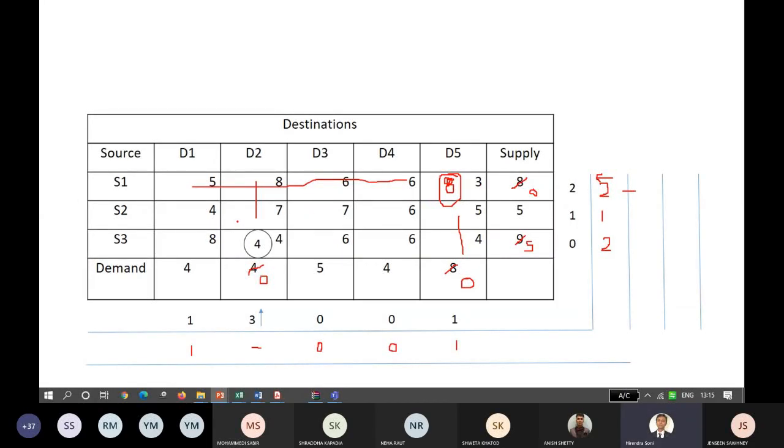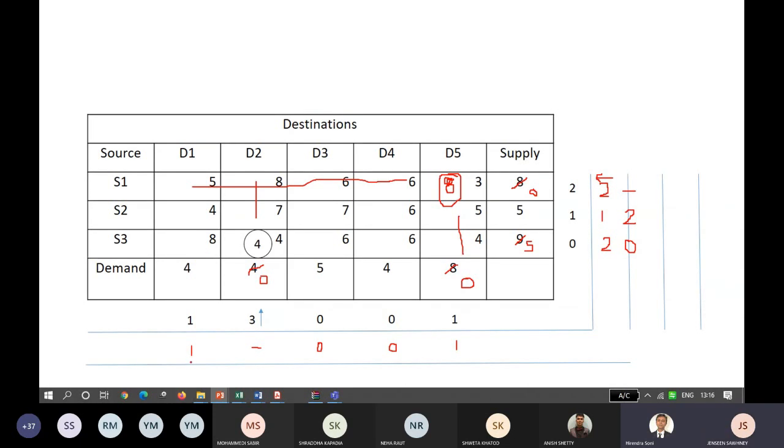So for this second row, least cost is 4 and second is 6. So penalty is 2. What about here? 6 and 6, so it is 0. Let's look at it column wise, 4 and 8.